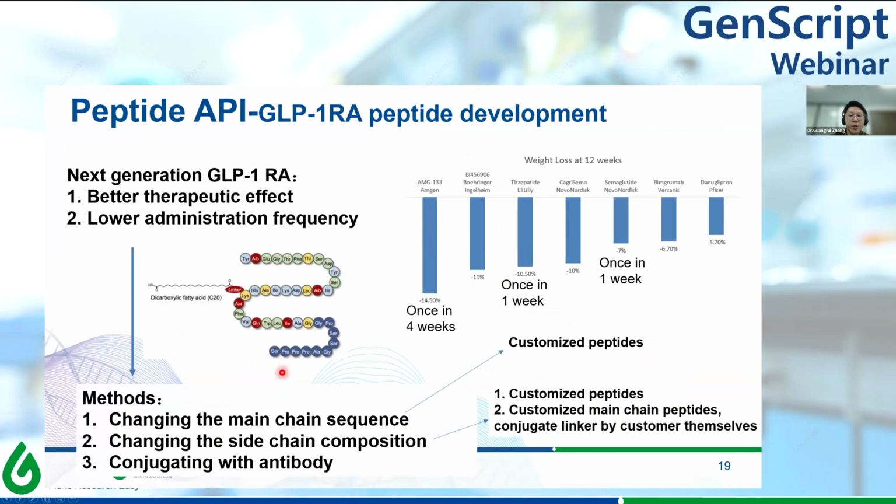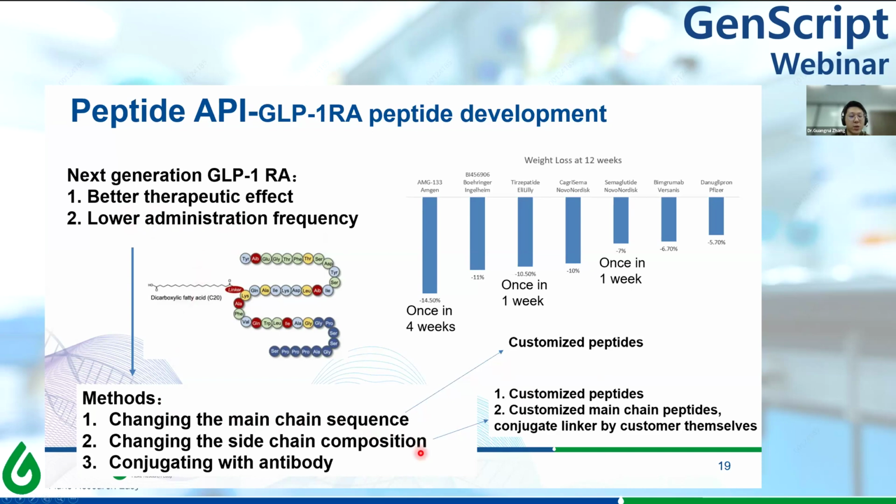As for the GLP-1 agonists under development, or what we call the next generation GLP-1RA, the future development directions are one, a better therapeutic effect, and two, a lower administration frequency. One way to achieve this is first changing the main chain sequence, which we can do with customized peptides.